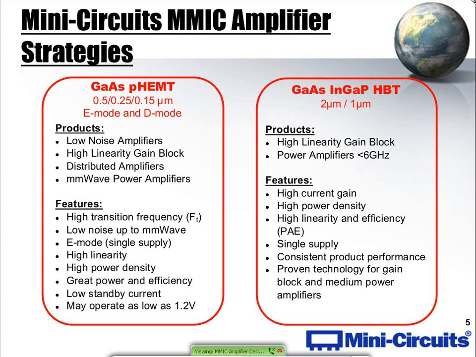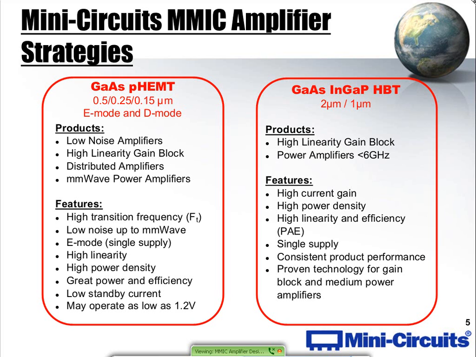On the other hand, the InGaP HBT is an approach that we have been using for a very long period of time, whether it's in a Darlington configuration or a cascode, to create extremely wideband, very high utility, medium power amplifiers, up to 1/2 watt, 1 watt solutions, up to around the 4 to 6 gigahertz range.